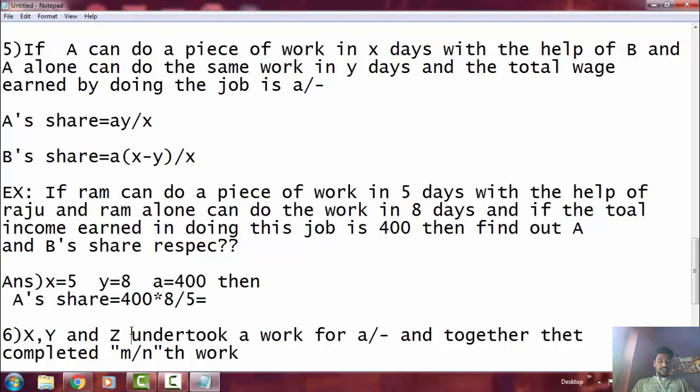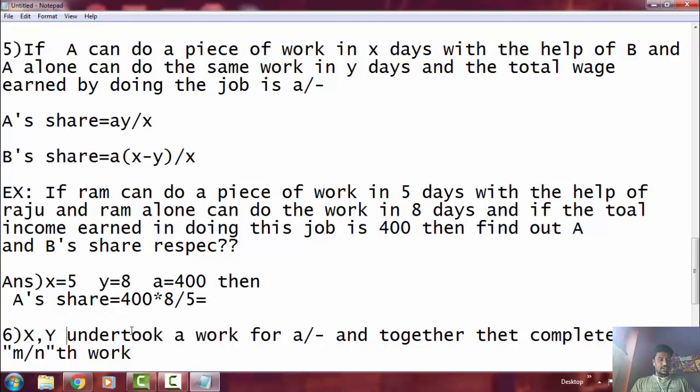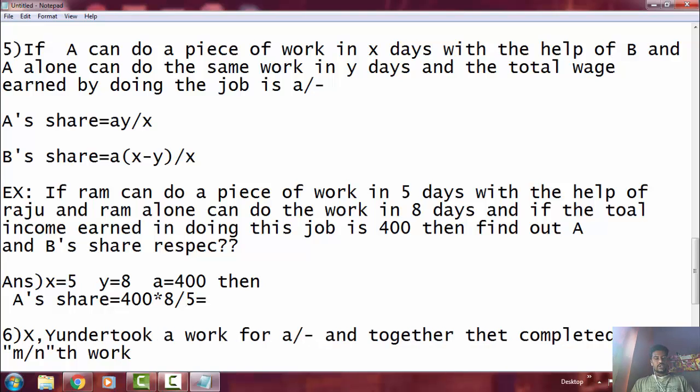Consider only x and y undertook a work for rupees A together, and they completed m by nth work and left.